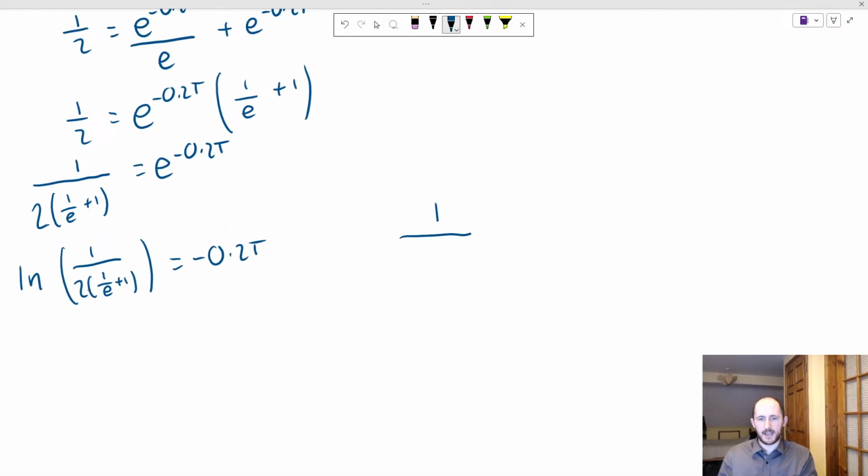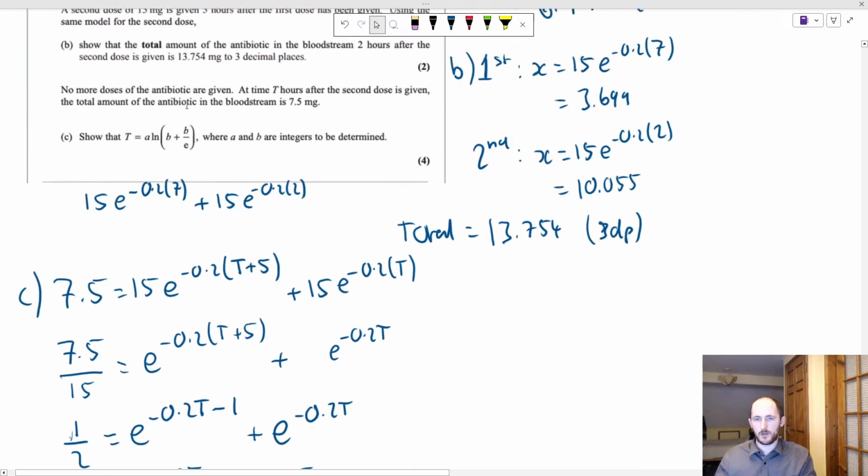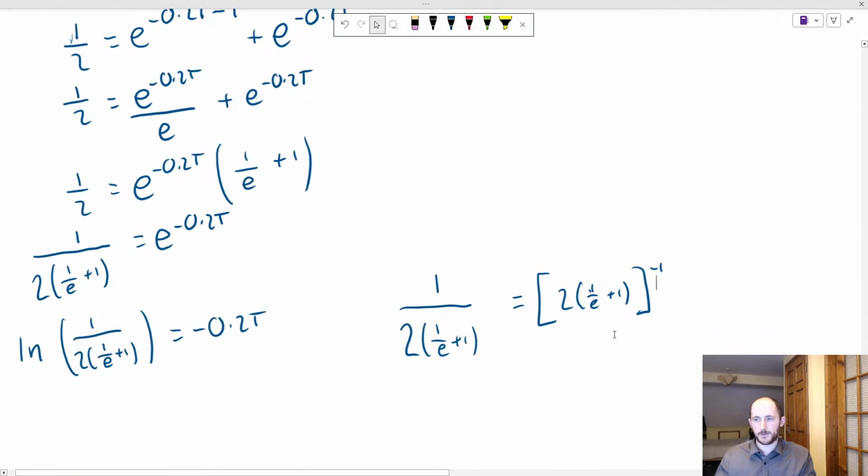I'm going to write it over here because it is related, but not directly. 1 over e plus 1. I could write that as, how do I want to write this? To negative 1. That's what I want to do. And that is going to give me the form, right?